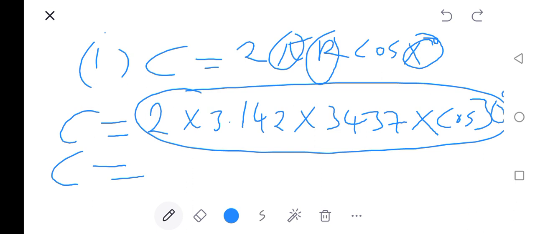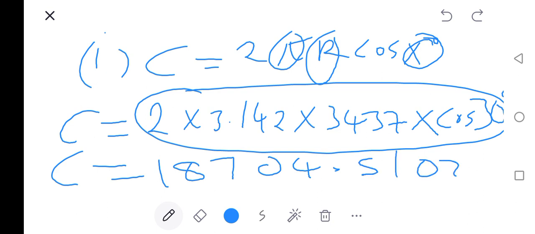If they bring such a question, they will give you everything, including what cos 30 is. So it is just to punch. You should find something like 18,704.5102.